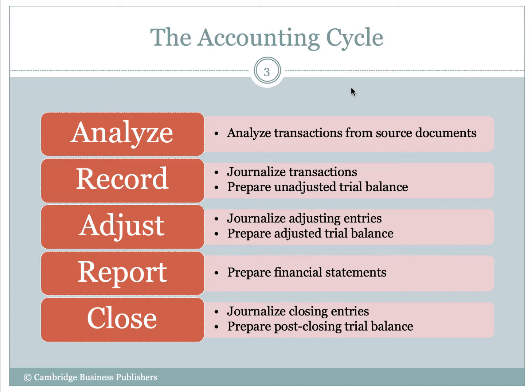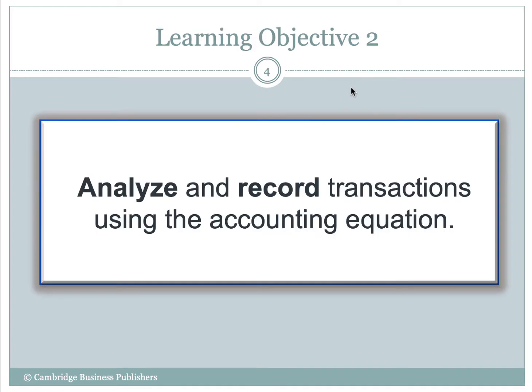We'll also see the reporting phase a little later. We already got introduced to the financial statements, but a little later on in the chapters, we'll actually prepare those financial statements. Mechanically, I'll show you how we put them together. Okay? So let's go ahead and look at how we analyze and record transactions using the accounting equation.